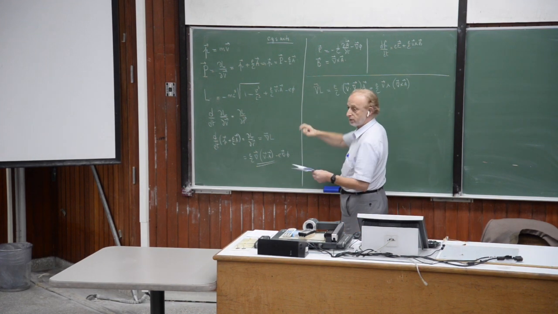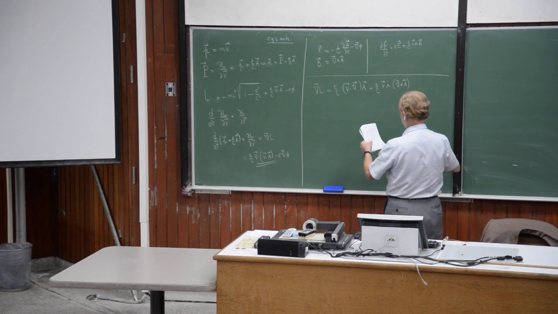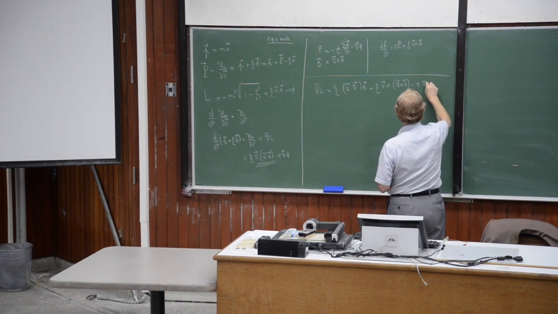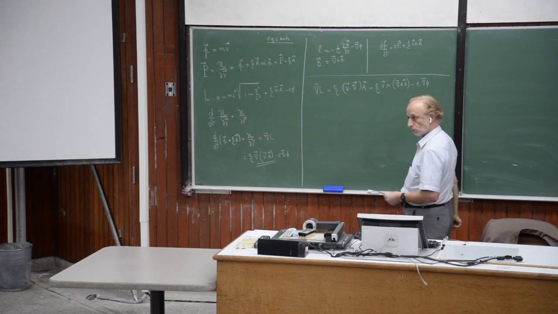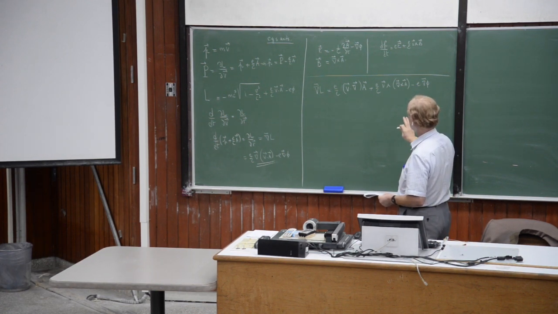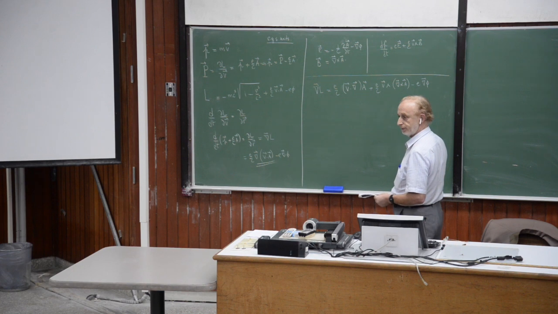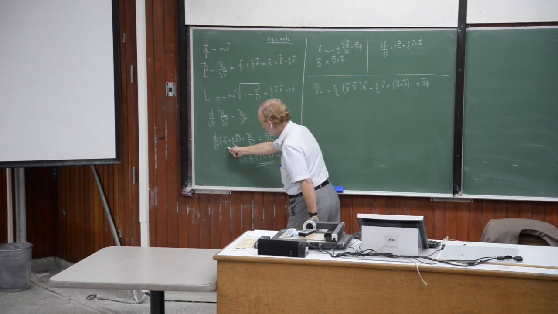That's for the gradient of the scalar product of two vectors, minus e the gradient of phi. Clear?